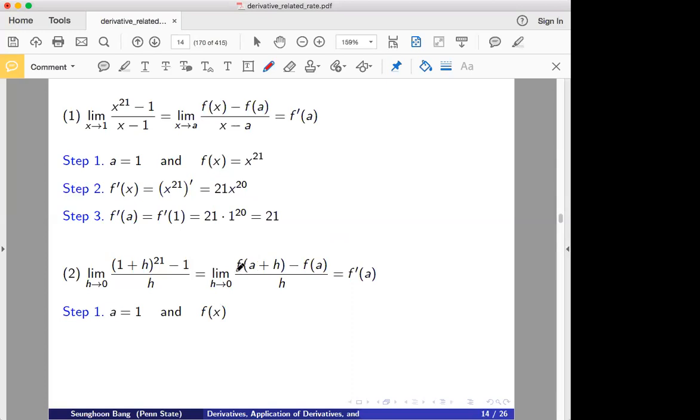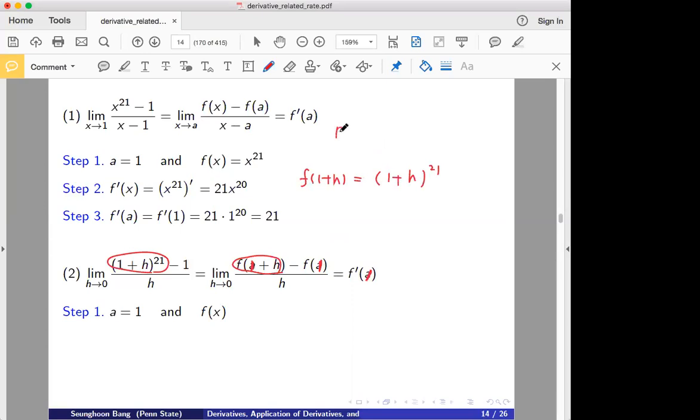F of x is, you can compare. F of 1 plus h is exactly the same as 1 plus h to the 21.